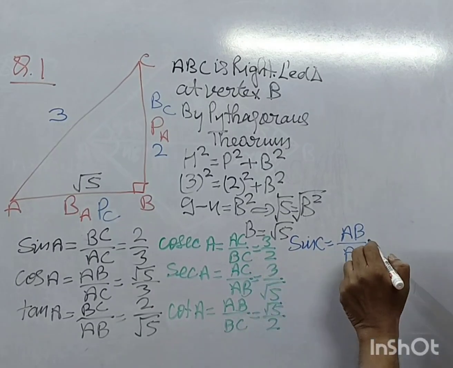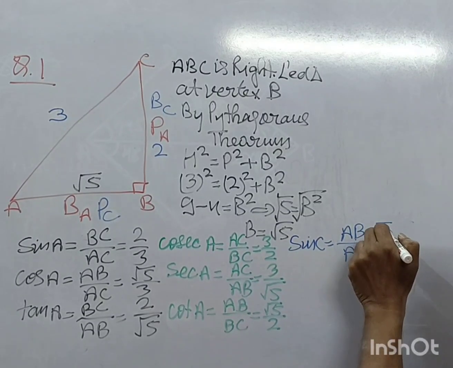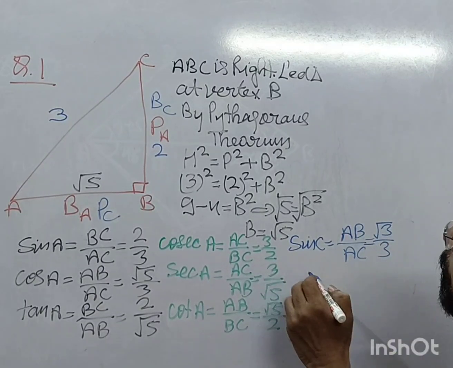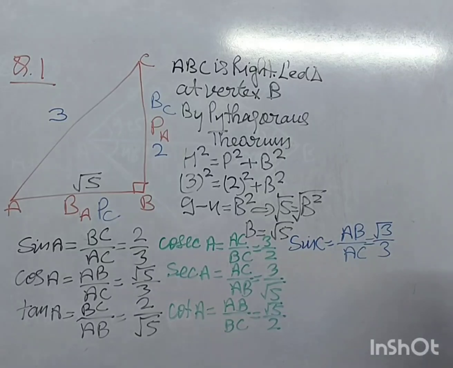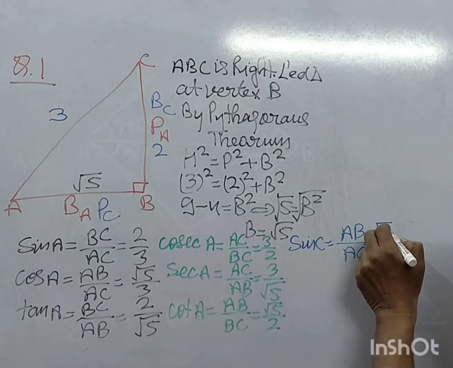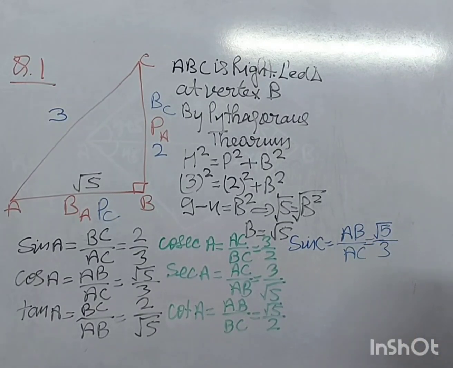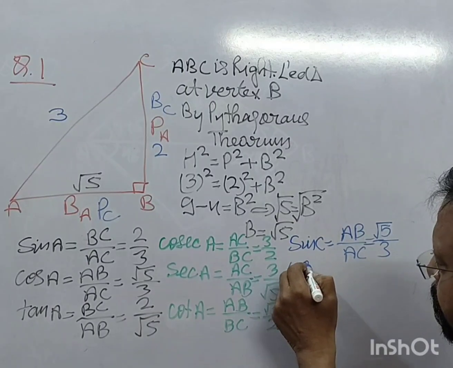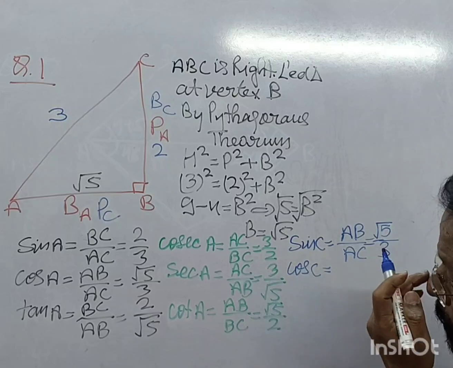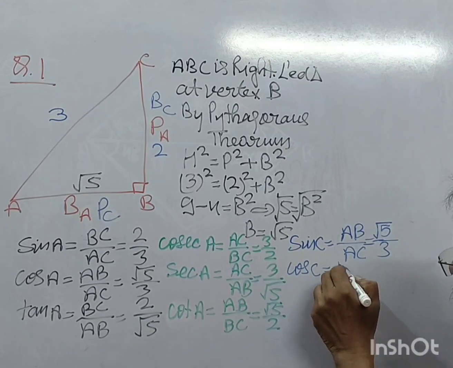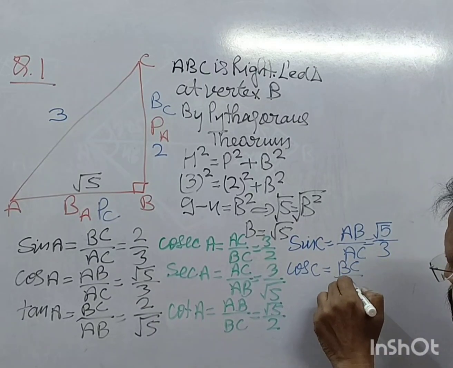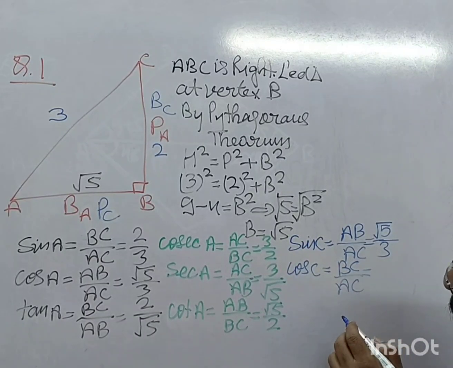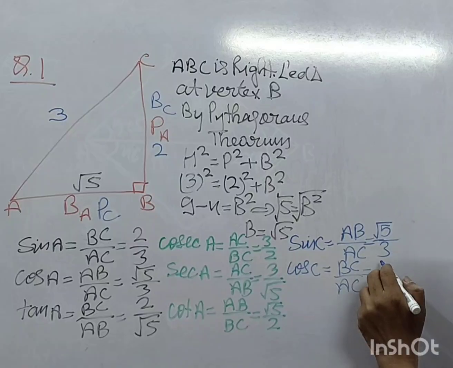So it becomes root 3 by 3. No, it is root 5. Root 5 by 3, right? And cos C is equal to BC upon AC. BC is 2. 2 upon 3.